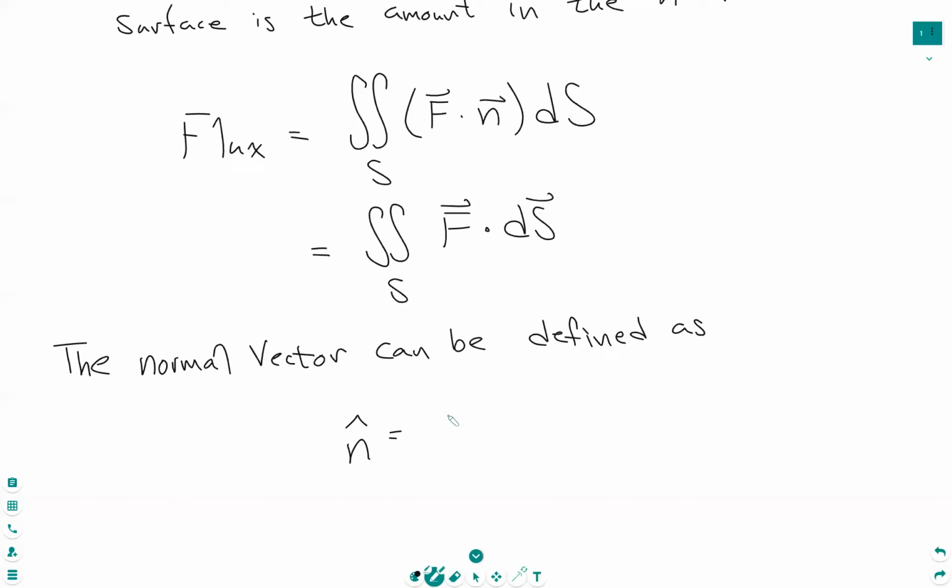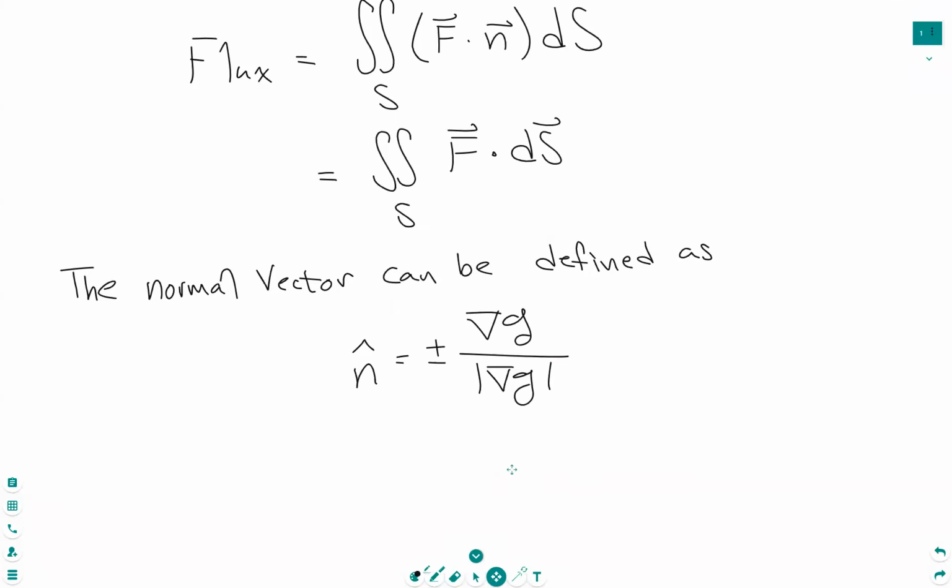Imagine that at any given point on the surface, you found the tangent plane at that point. They both have the same normal vector, meaning that if I look at the gradient of the function g that defines this surface, then this is either plus or minus the gradient of g, and we need to make it a unit vector. So we have it over the magnitude of the gradient of g.